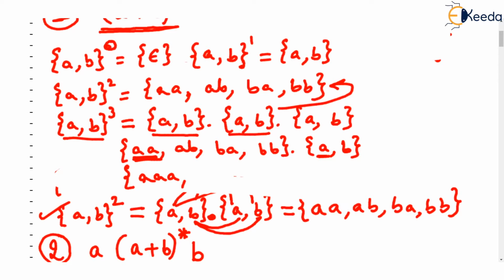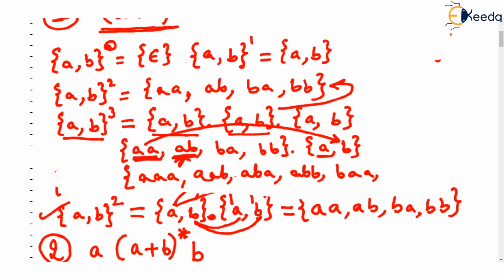Similarly, this AA will be joined with B, the second element of the right set, so we'll get AAB. Same thing will be done for the second element of the left set, which is AB, so we'll get ABA, then ABB, then BAA. I hope you are understanding, BAB, and so on up to BBB.